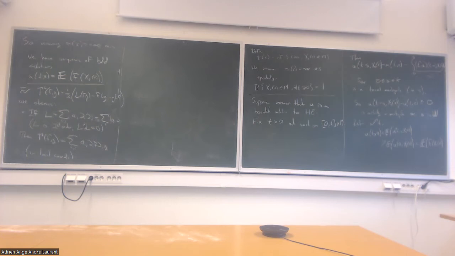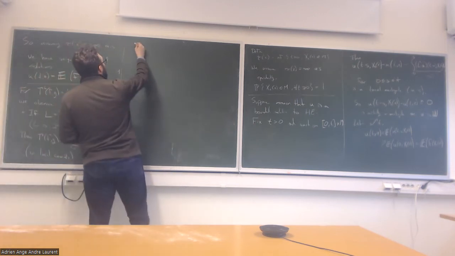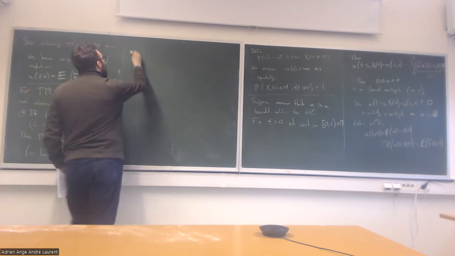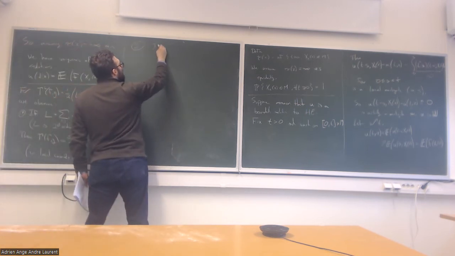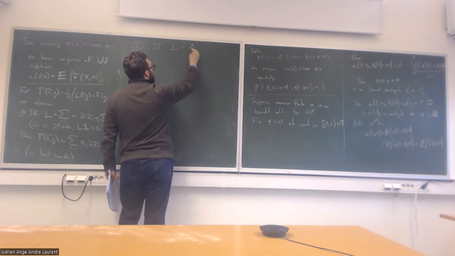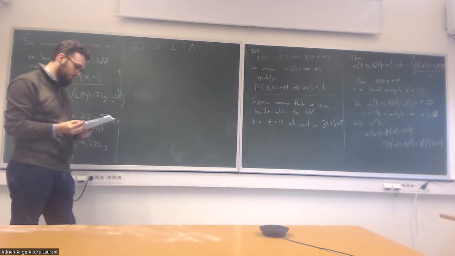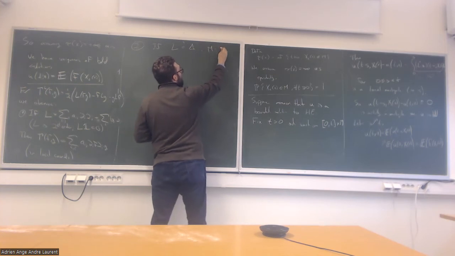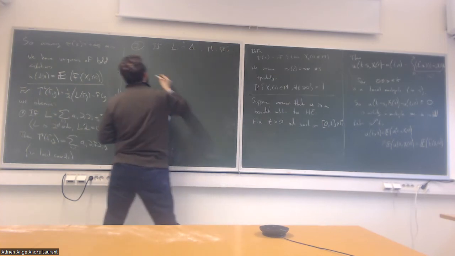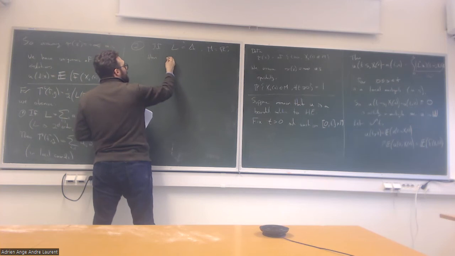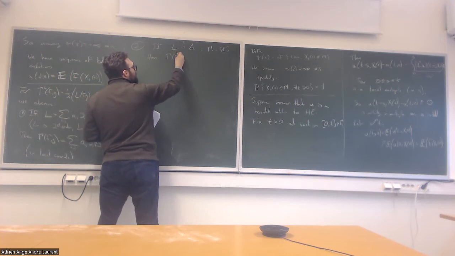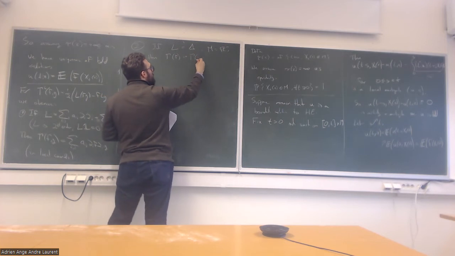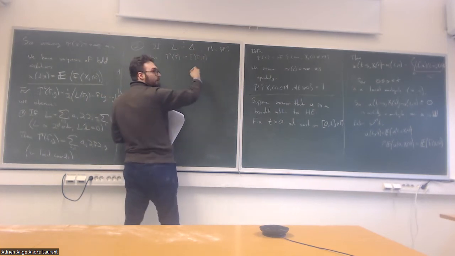Also, let's say we have number 2: if this L is actually a Laplacian, then the gamma operator, so sometimes we'll write this, by which I mean we're considering it as a quadratic form.